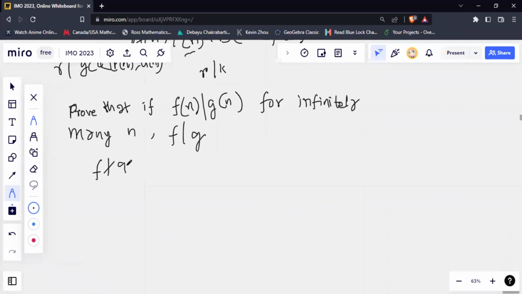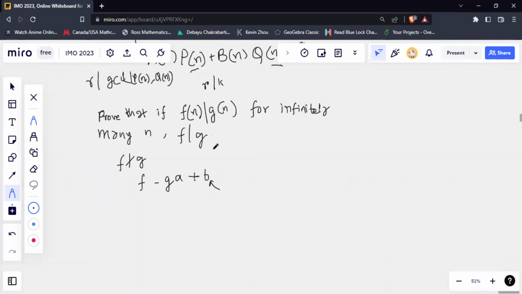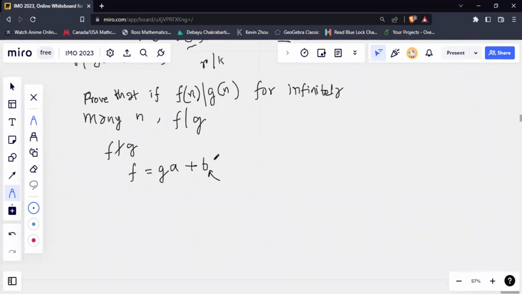So what you were saying is that if f doesn't divide g, then you can write this as a and b, where b is the remainder, right?